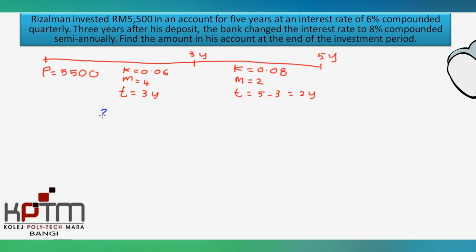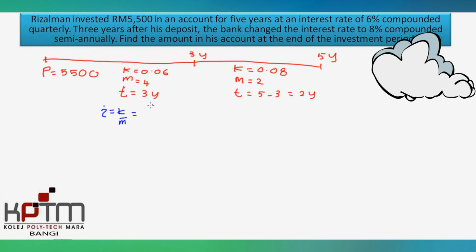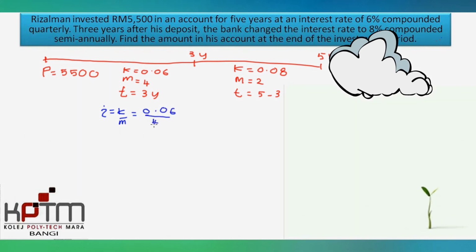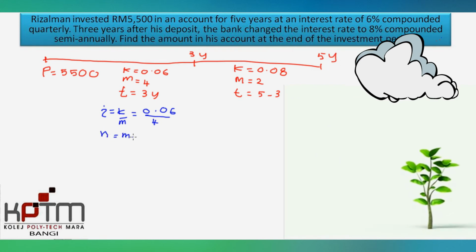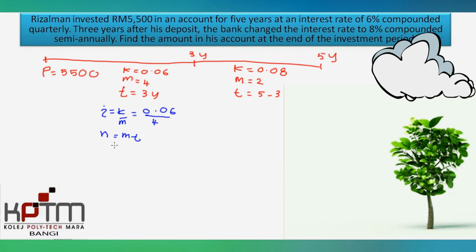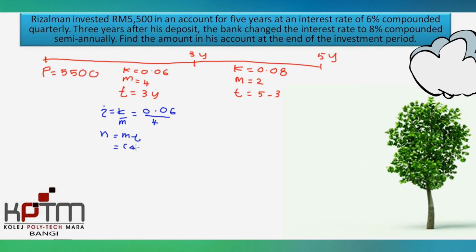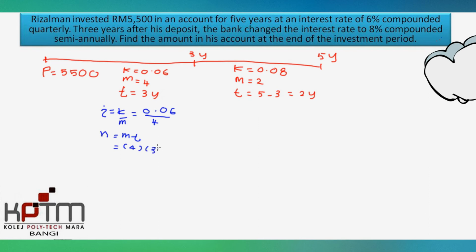For the first 3 years, our I from K over M, therefore we have 0.06 divided by 4. Then our n is 4 times 3, which is 12.